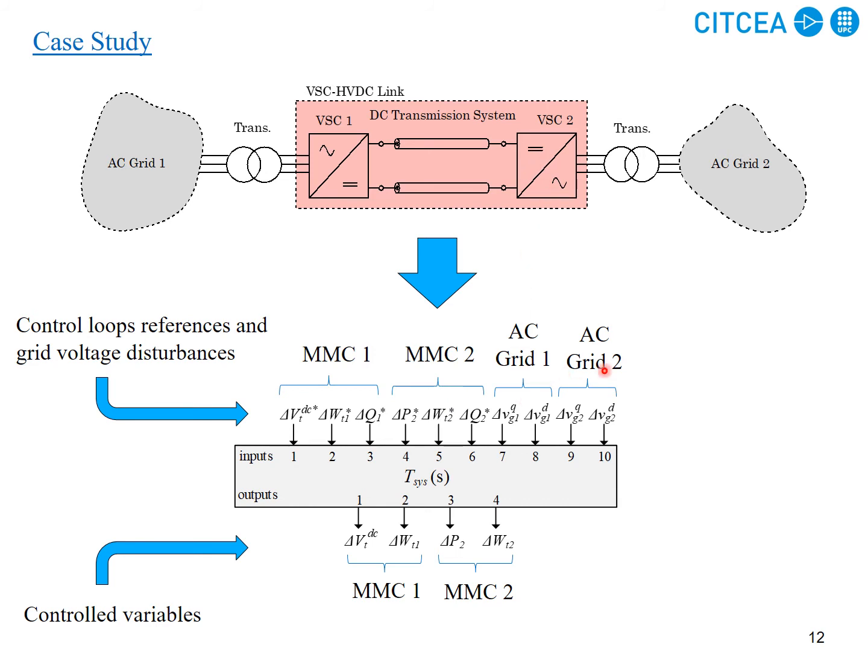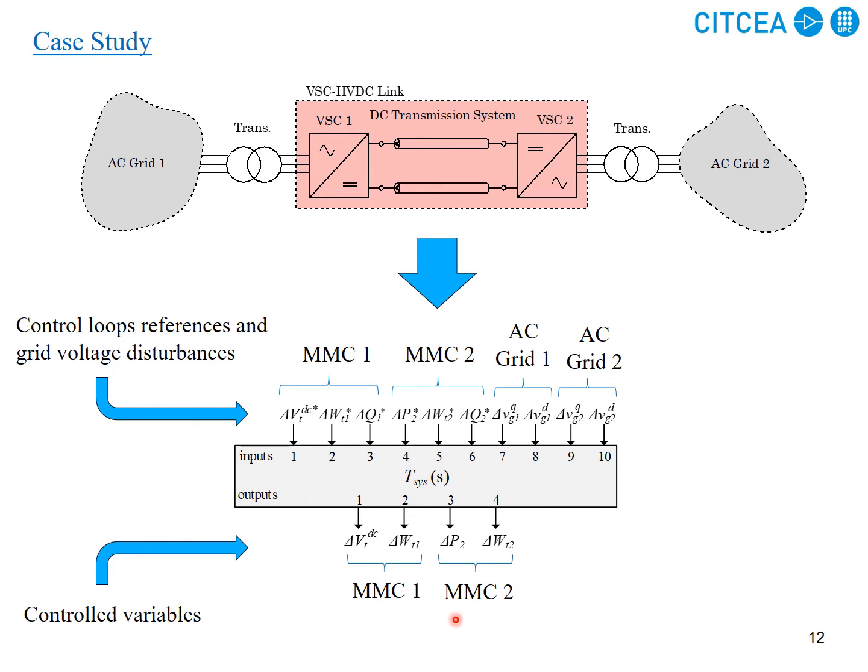For AC grid 1 and AC grid 2, we took the voltage only as the main disturbance of the grid. In this study, we are considering that the AC grid is quite strong. The short circuit ratio is around 10, so we are quite sure about the frequency. So we are only concerned about the voltage fluctuation here, because anyway you will have some step changes on the AC grid voltage here and there, in your DQ axis.